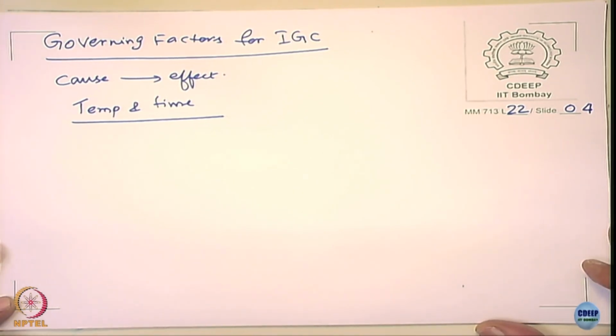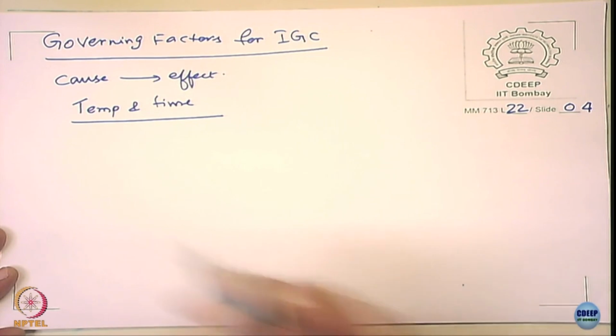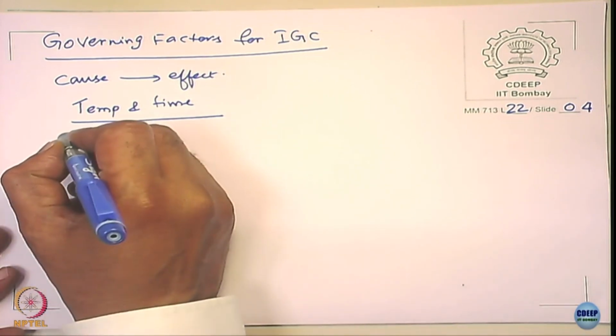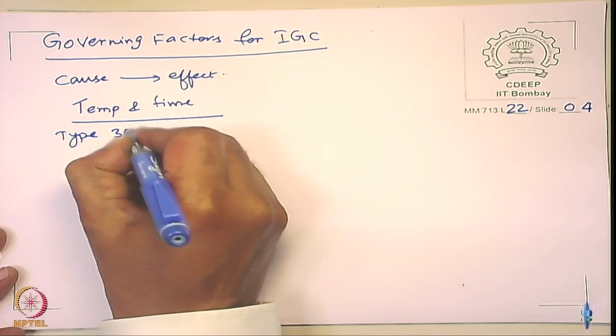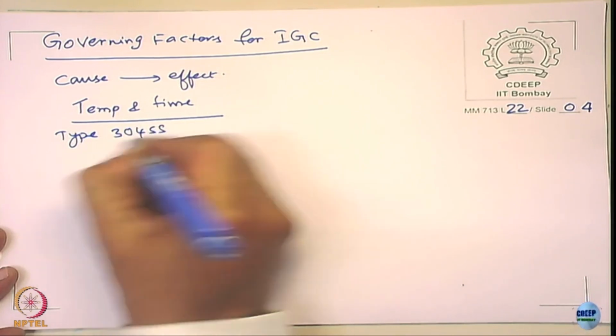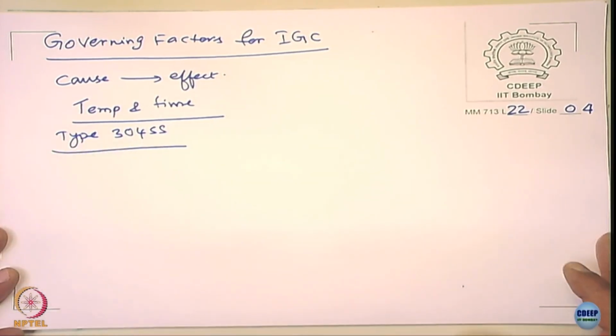Let me tell you how you get the TTT diagram for sensitization. Suppose you take a stainless steel, let us take type 304 stainless steel. I want to establish time, temperature, transformation diagrams.